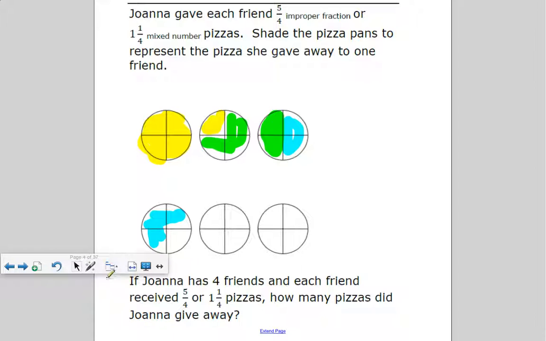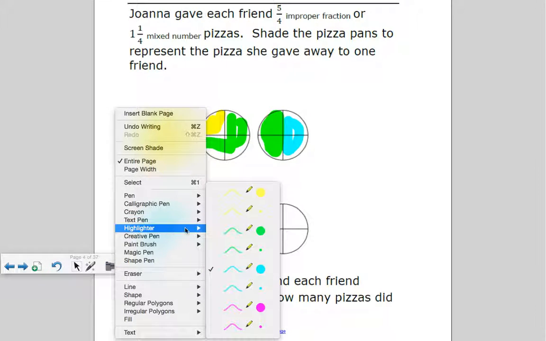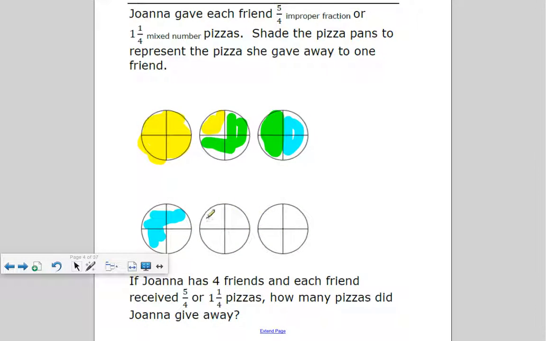She gave that to her third friend. 1 whole and 1/4. She gave that to her fourth friend. So in other words, she gave 1, 2, 3, she gave 5 whole pizzas away.